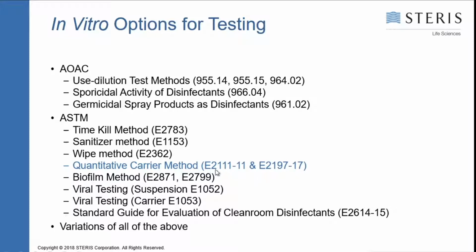There's also a glass method, and that method is E2111-11. There is also a viral test method out there by ASTM, which is used both for manufacturers and in the industry if you wanted to validate against a virus, and that is E1053.